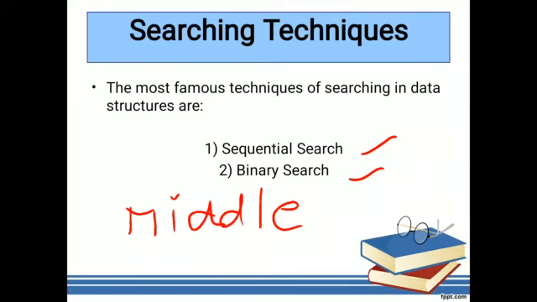Here is one condition: binary search is only applied on sorted data. What is sorted data? It means the data is arranged in either ascending or descending order. Then only we will apply binary search.